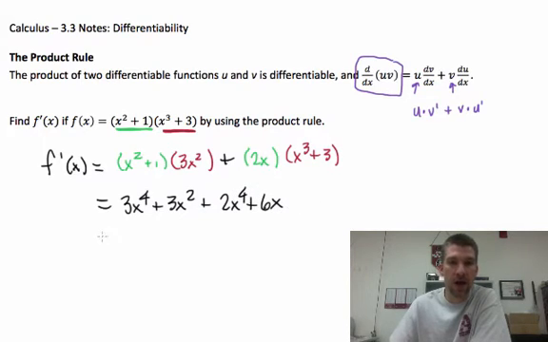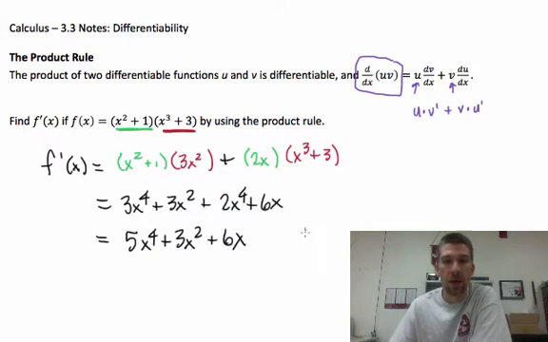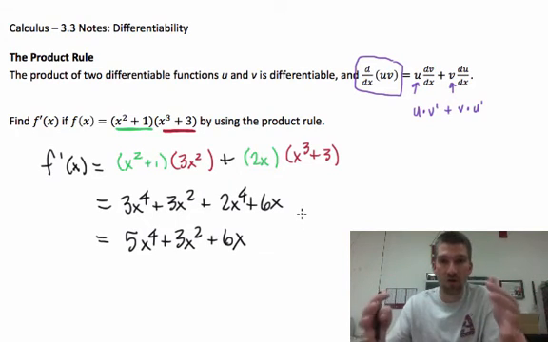And so now I can combine some like terms together, like 3x to the fourth and 2x to the fourth, and that's going to be 5x to the fourth plus 3x squared plus 6x. And when I get done with that point, that is when I'm done with all of my work.